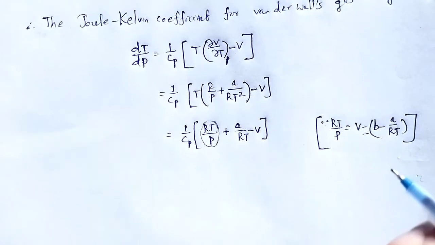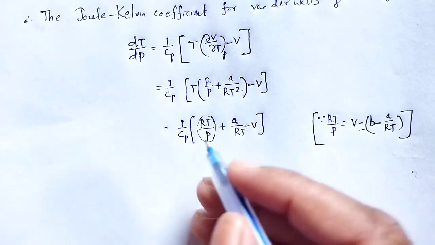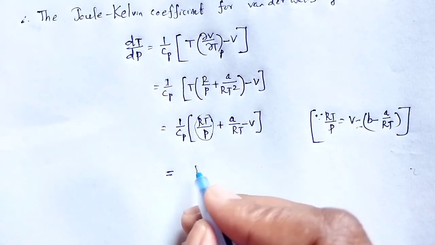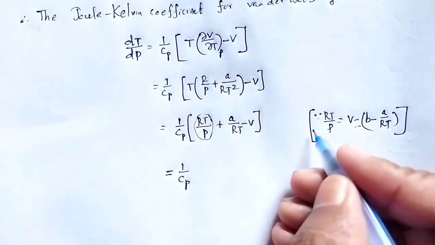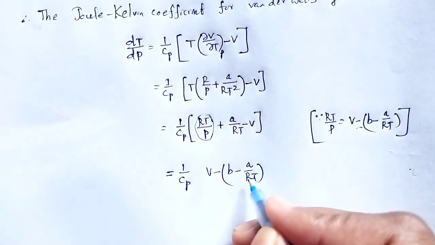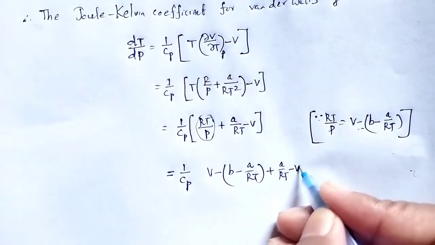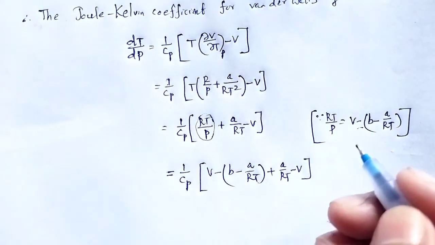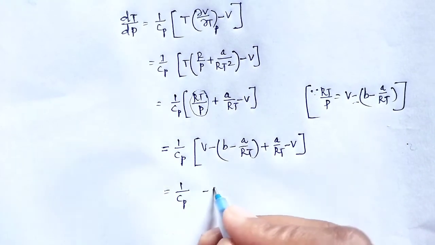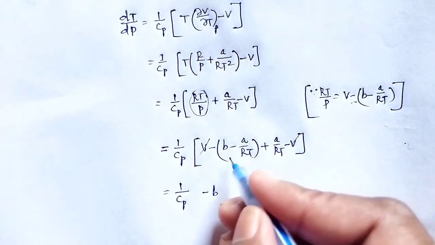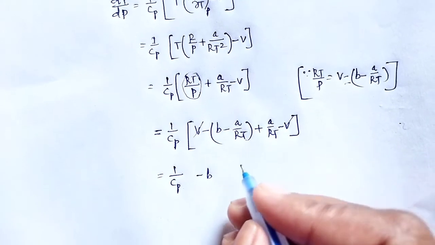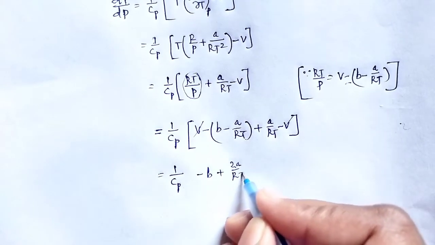Now putting the values here, 1 by Cp, in place of RT by P, I substitute V minus B minus A by RT, plus A by RT minus V. The V cancels out, leaving minus B, and minus minus becomes plus, that is 2A by RT.